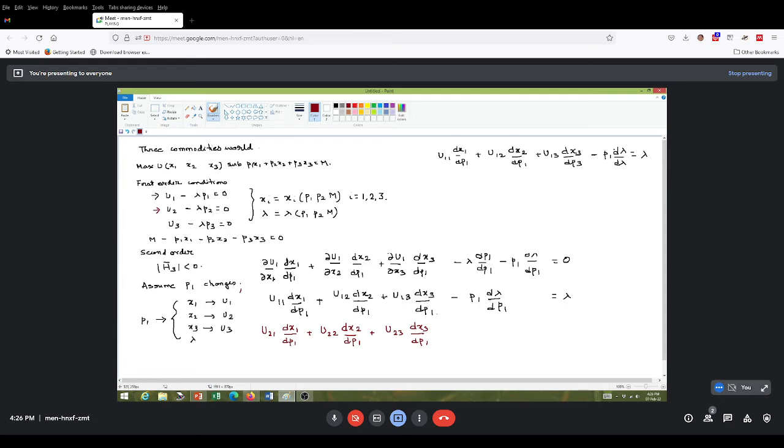Now we come to the lambda p2 part. Now P2 is a constant, so if P1 changes, P2 will be unaffected.